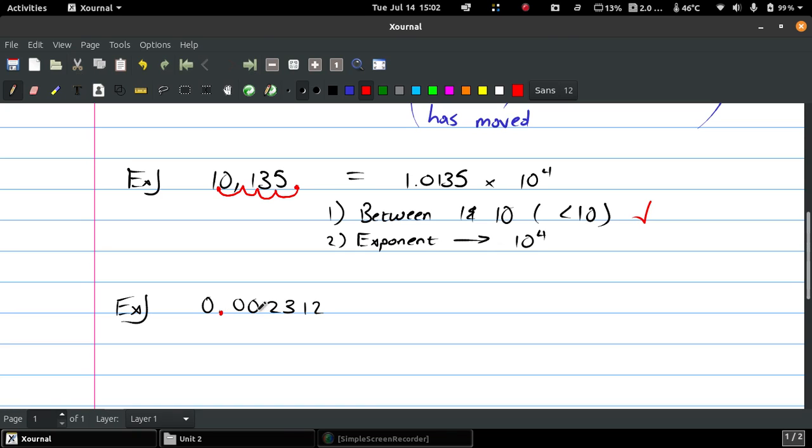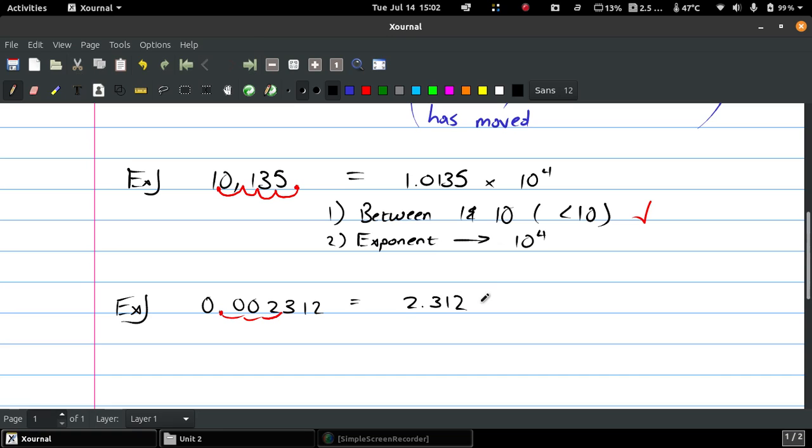So we have to move it to the right. So 1, 2, 3. 2 is between 1 and 10, and it's less than 10, so let's write that out. So we have 2.312. Now because we're moving to the right, our exponent has to be negative because we're going from a small number to a bigger number.